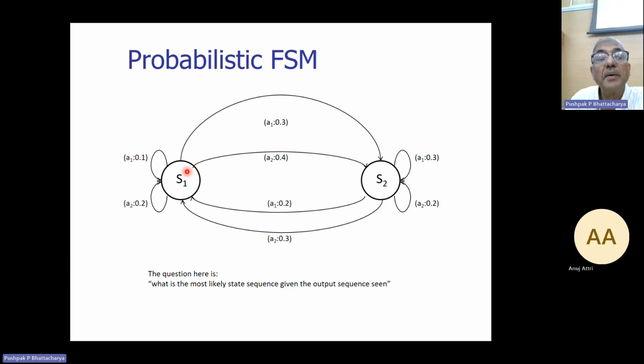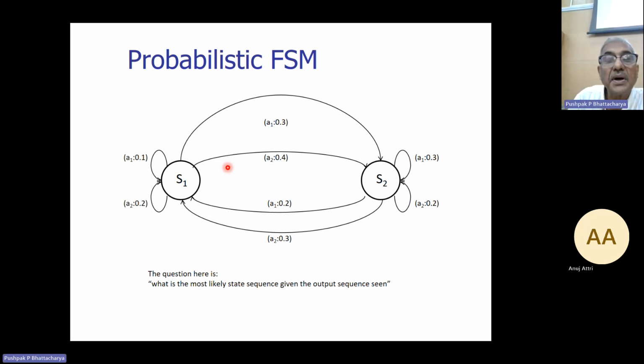Okay, and then from S1 to S2 with A1 0.3, S1 to S2 with A2 0.4, S2 to S1 A1 0.2, S2 to S1 A2 0.3, and S2 to S2 with A1 0.3, S2 to S2 with A2 0.2. So these probability values are actually transition probability and observation probability merged together.